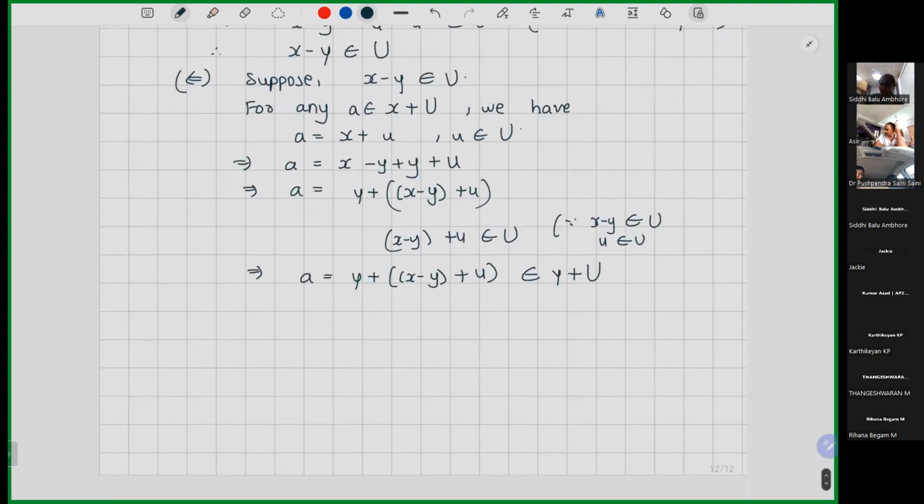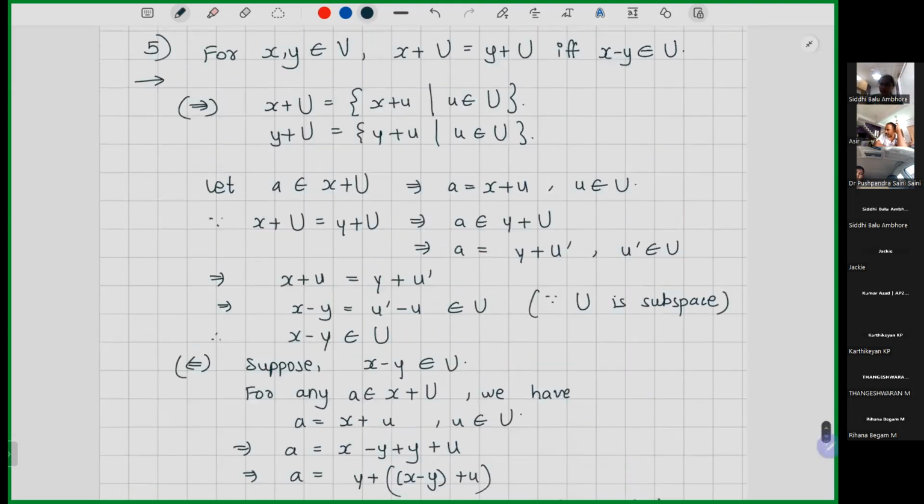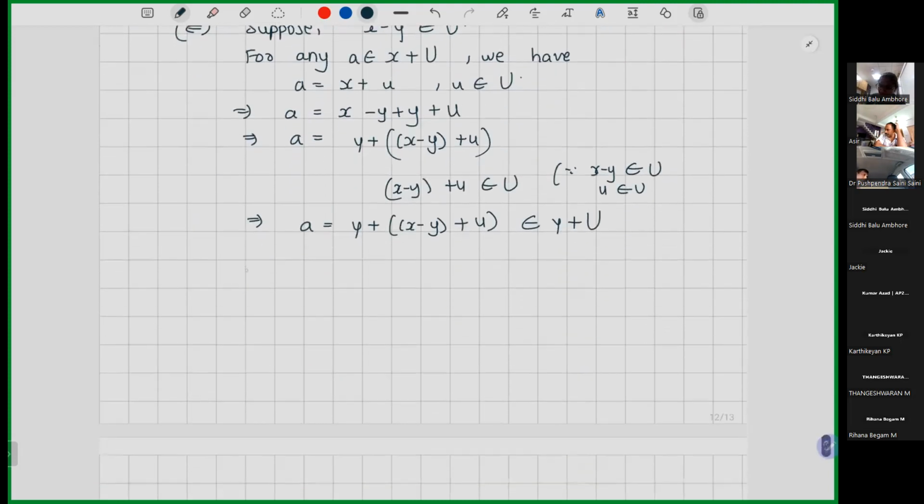And similarly, if I take any element b in y plus u, then this implies again that b is some y plus u dash, where u dash in u.